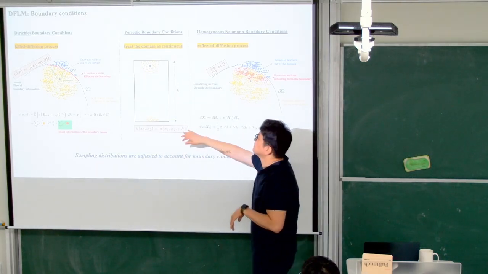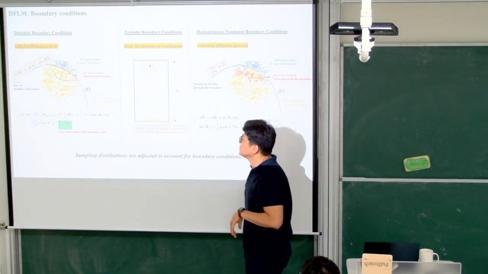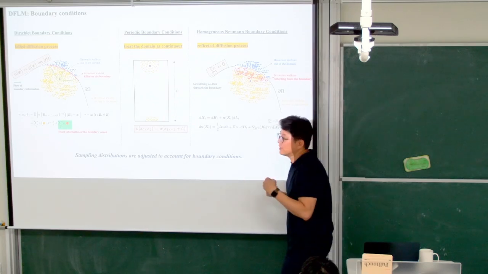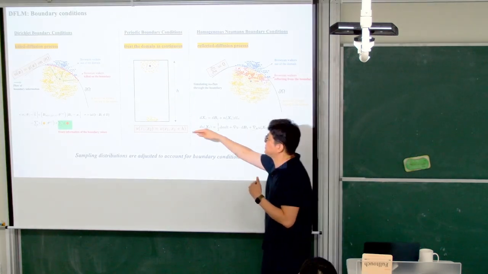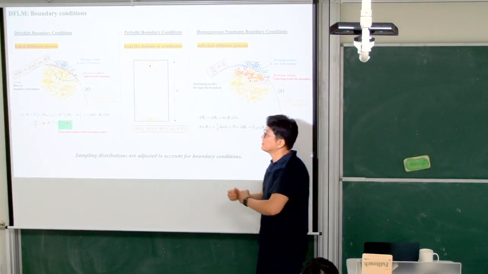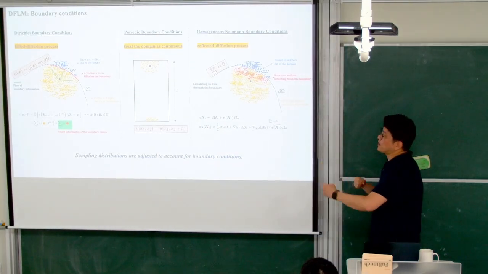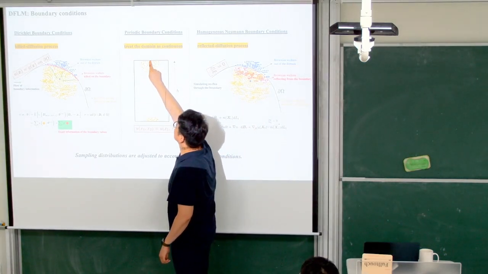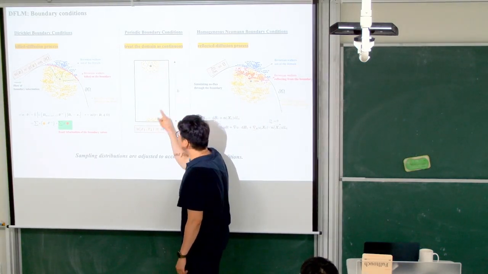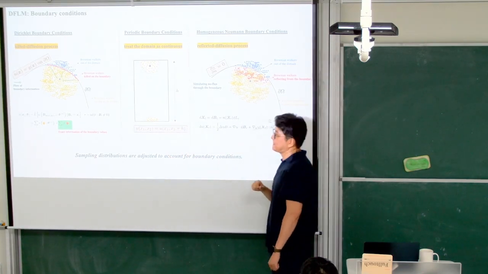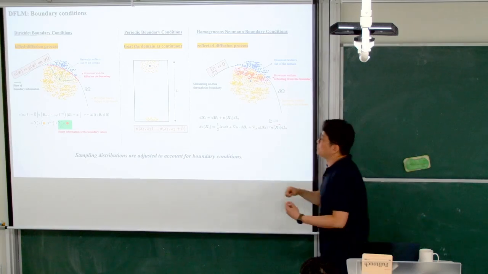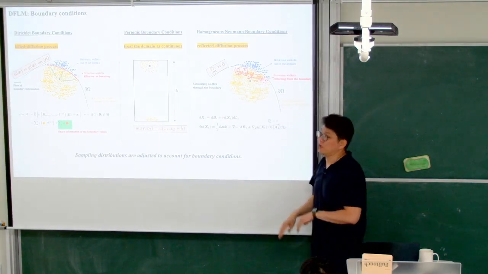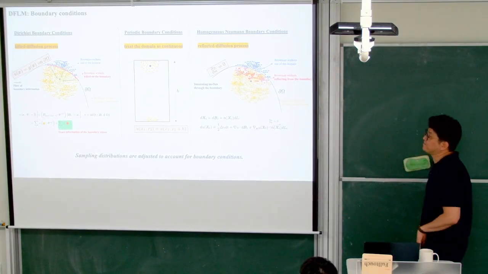And for the case of a periodic boundary condition, say this part and this part are periodic, then we consider that this boundary is connected. We just treat the domain as continuous. So if the particle moves out through this boundary, it enters here. Once we simulate in this manner, it automatically satisfies the periodic boundary condition without a loss term.